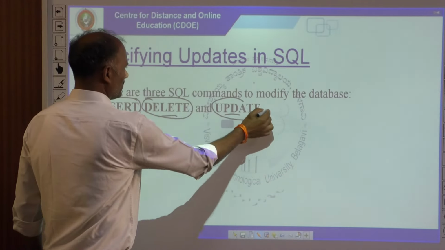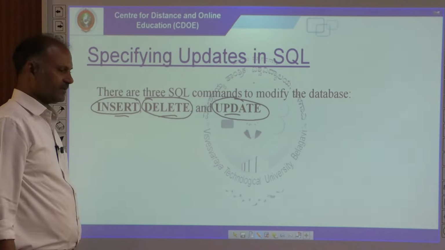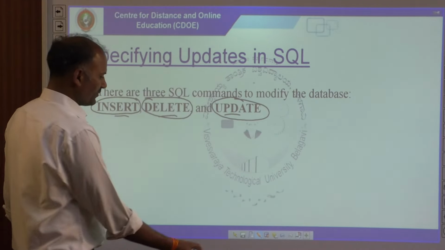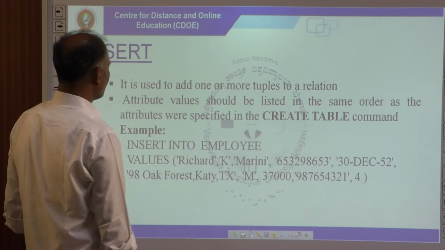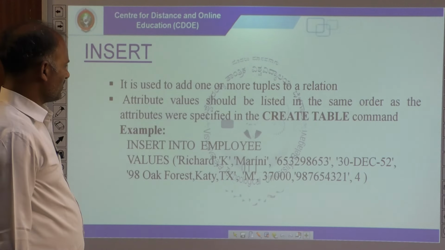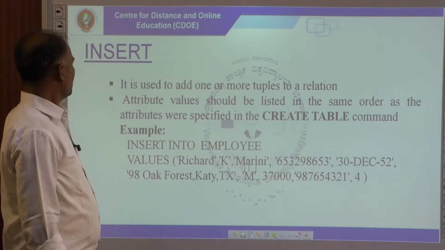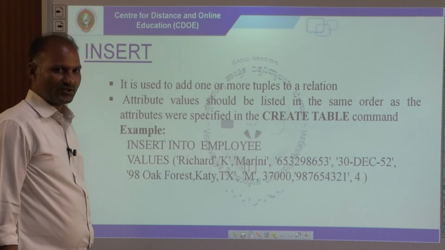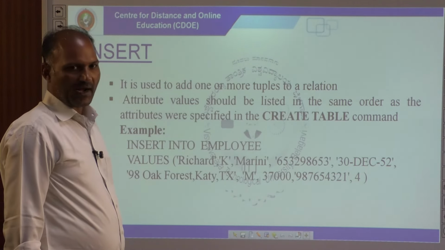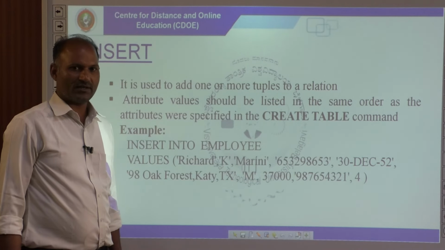So, we are going to use the insert statement, delete statement and update statement. Now let us discuss how to use the insert statement and the function it performs. It is used to add one or more tuples to the relation.